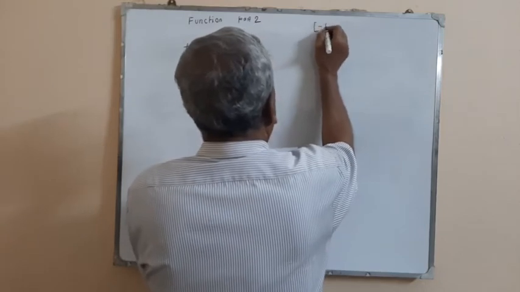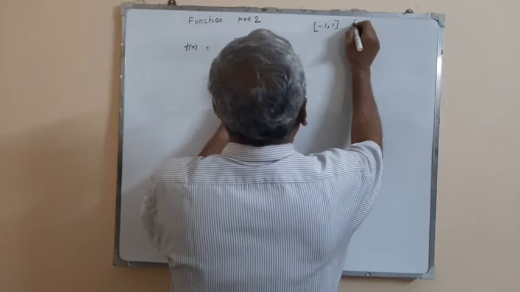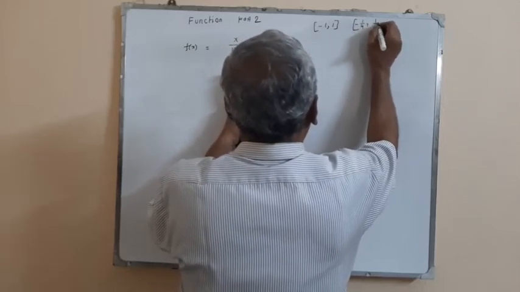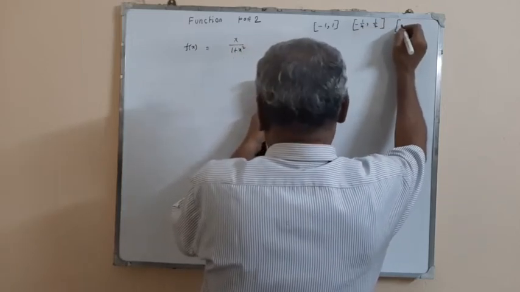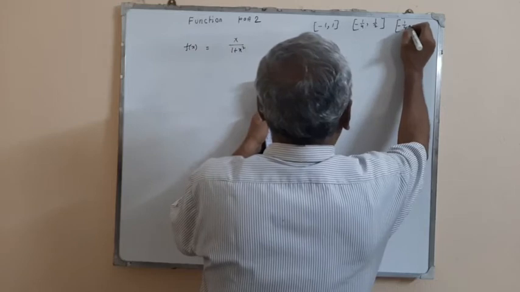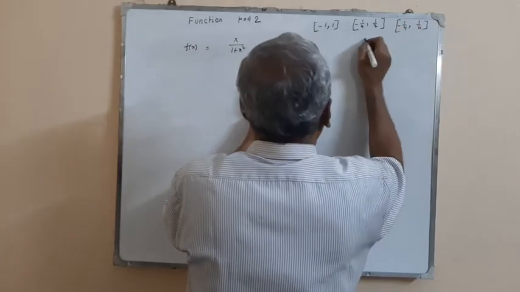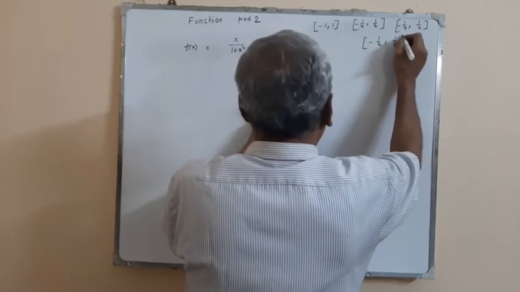Options: -1 to 1, minus 1 by 4 to half, minus 1 by 4 to 1 by 4, and minus half to half.